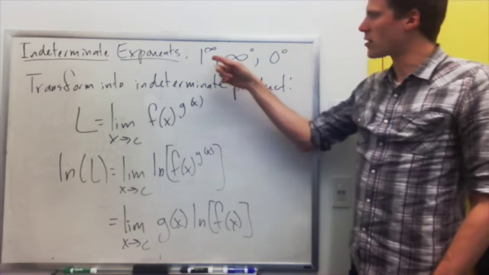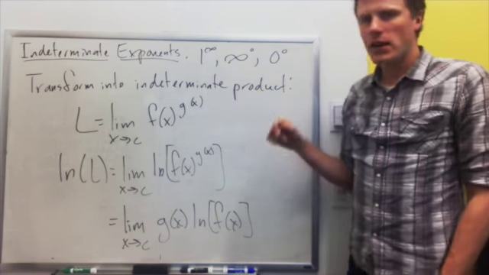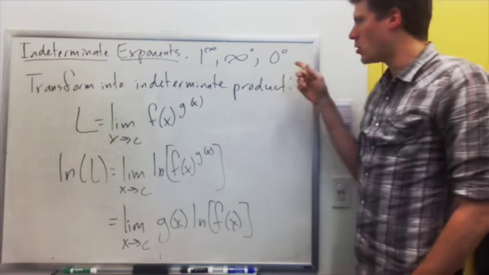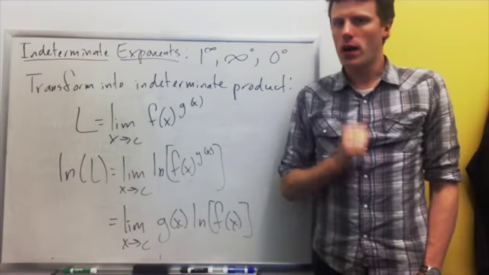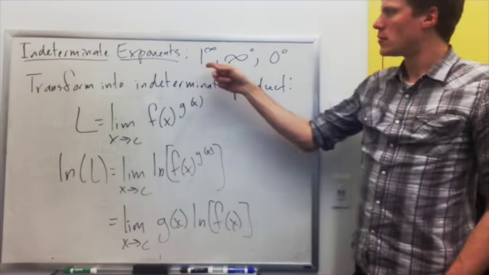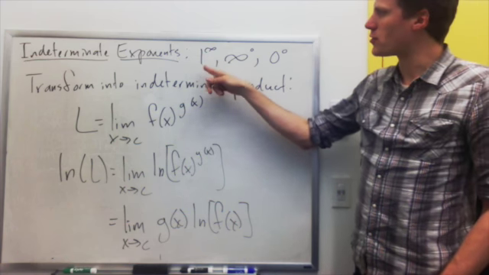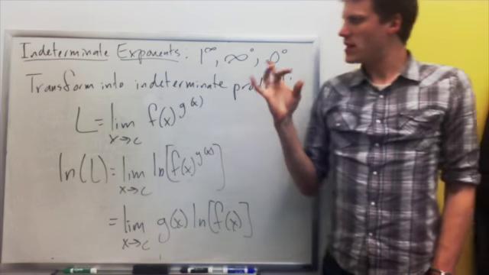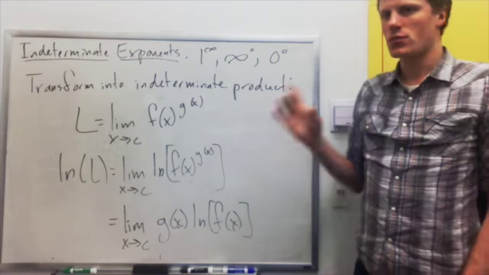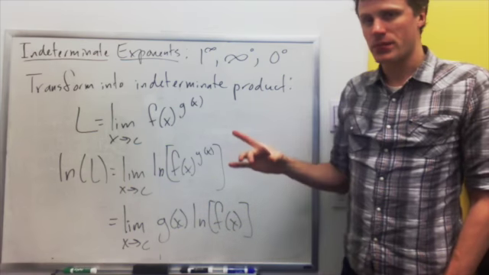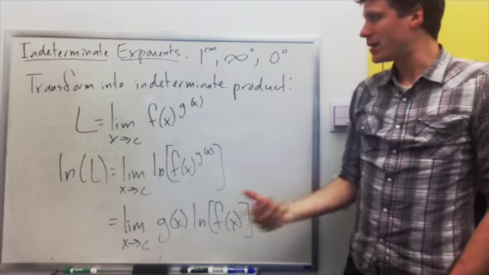And these are when I have a limit that looks like 1 to the infinity, infinity to the 0, or 0 to the 0. Why are these indeterminate? Well, when I have something approaching 1 to the infinity, that means that the base, what is being raised to the power, is approaching 1. And 1 to anything is 1.